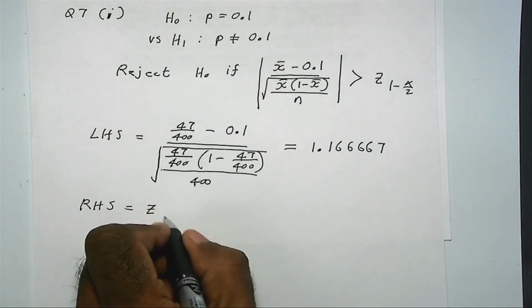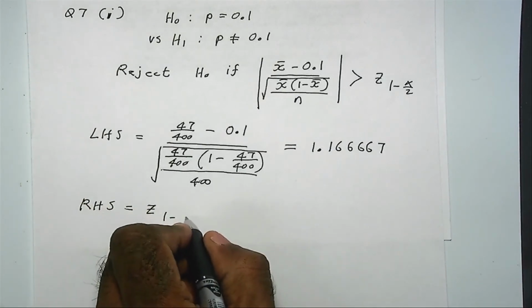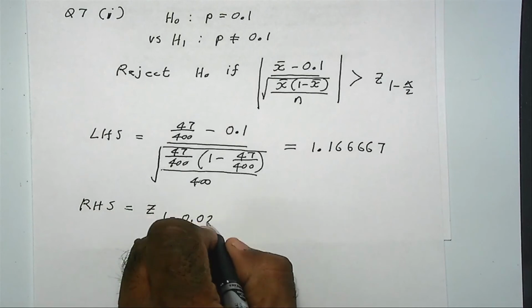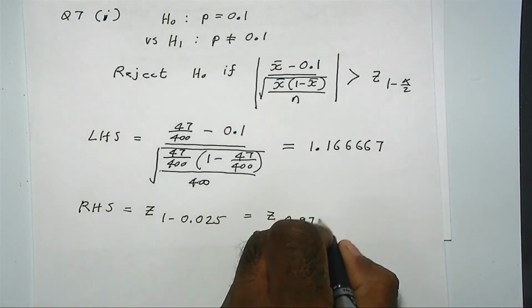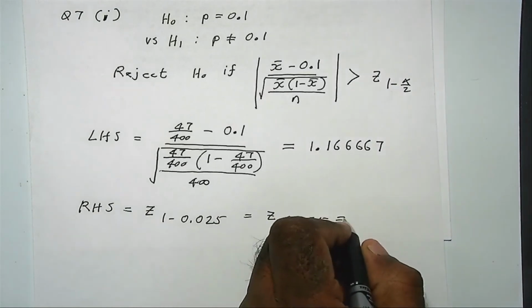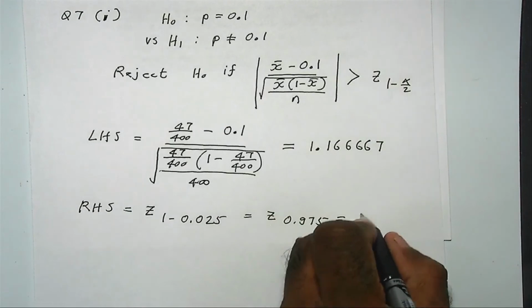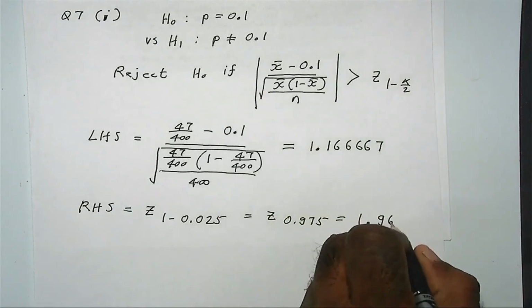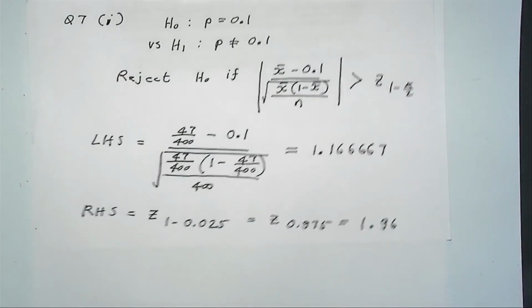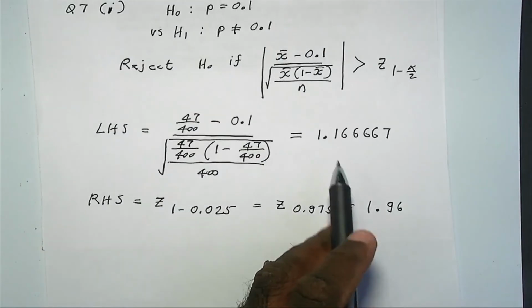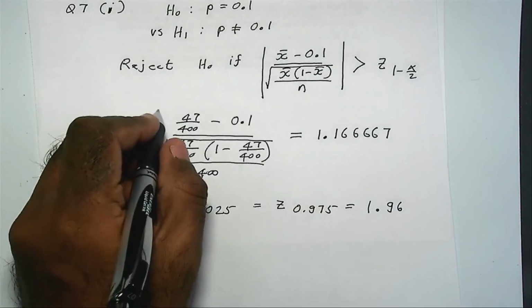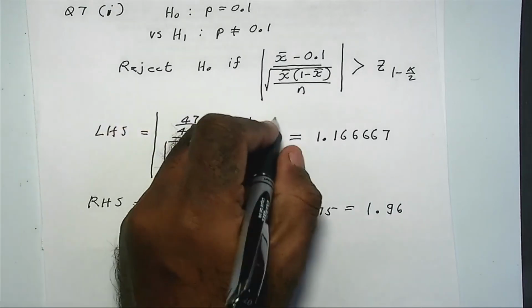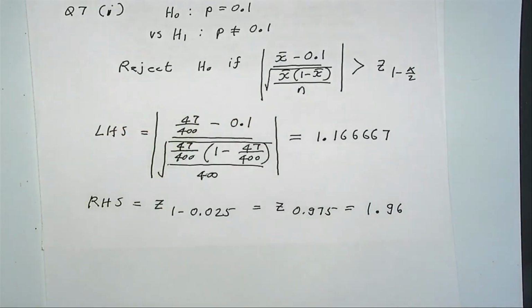So Z of 1 minus 0.025 is Z 0.975, and that's going to be equal to 1.96. So clearly, the left-hand side is not greater than the right-hand side.